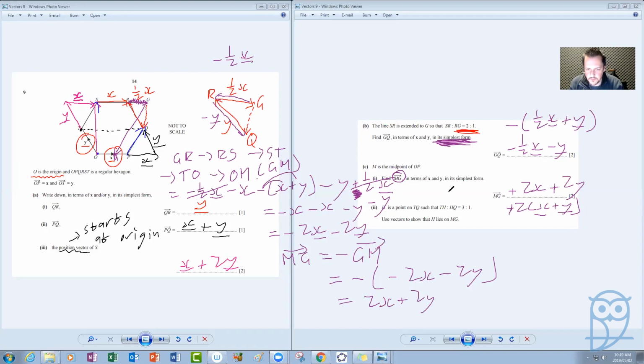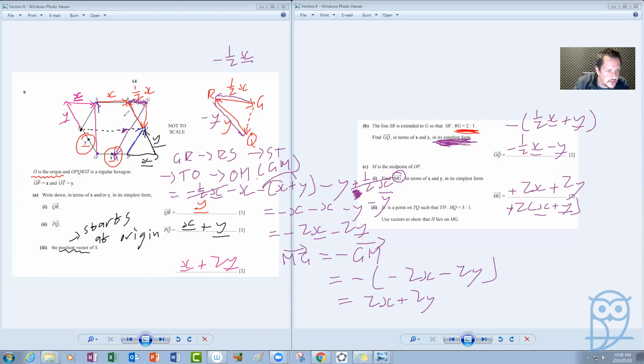All right. And then final question here, it says, H is the point on TQ. There's T and there's Q, TQ, so that's that horizontal black line. And you have some point H, so that TH to HQ is 3 to 1.